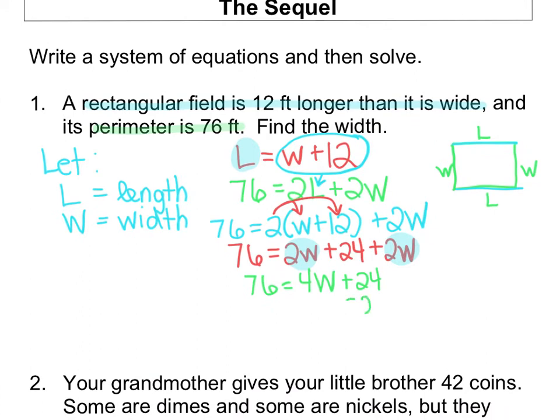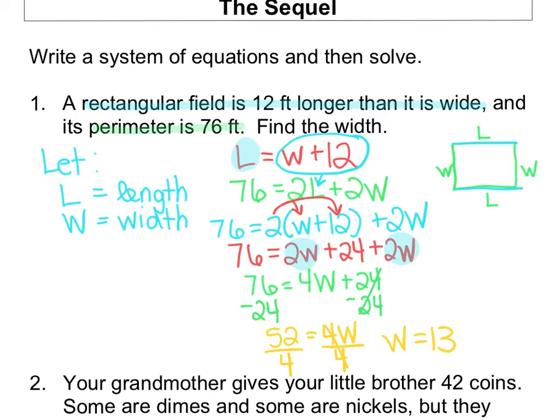And then we're going to solve it like a two-step problem. We're going to subtract 24 from both sides, and we would get 52 equals 4W. We're going to divide each side by 4, and we get that our width would be 13.